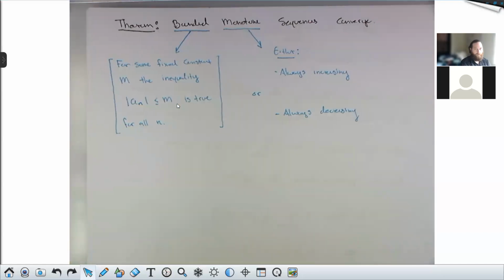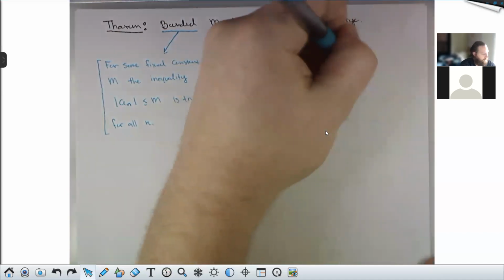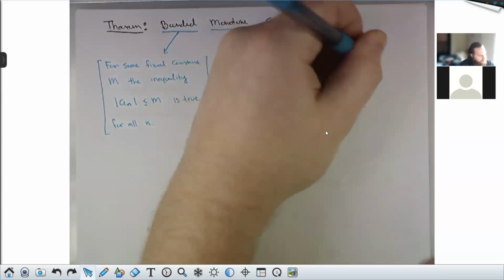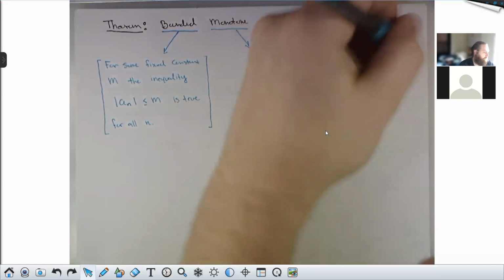So increasing and decreasing certainly are terms that you know from Calc 1, even before, right? Your algebra classes talked about increasing and decreasing functions. If I'm talking about a sequence, then there is a kind of convenient way to write this. Always increasing means a sub n plus 1 is always greater than or equal to a sub n.